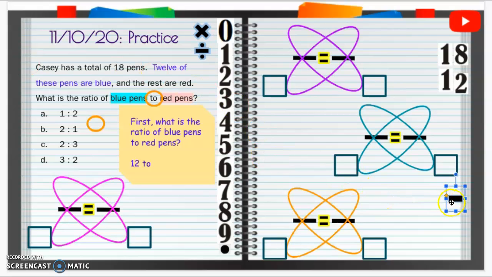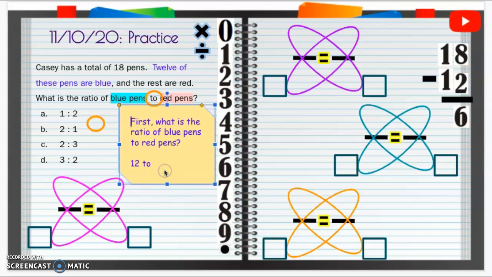All right, so if I subtract here 18 minus 12, and I'm going to make a line here. All right, so 8 minus 2 is going to be 6. And then 1 minus 1 is 0. So how many red pens will there be? 6 red pens. So it would be 12 to 6.